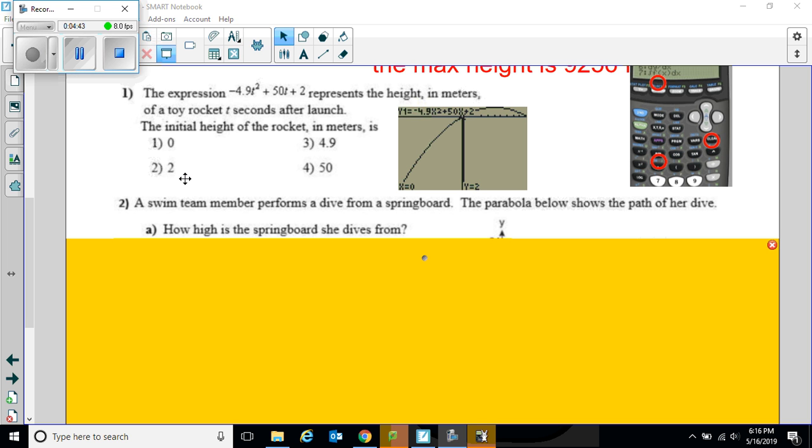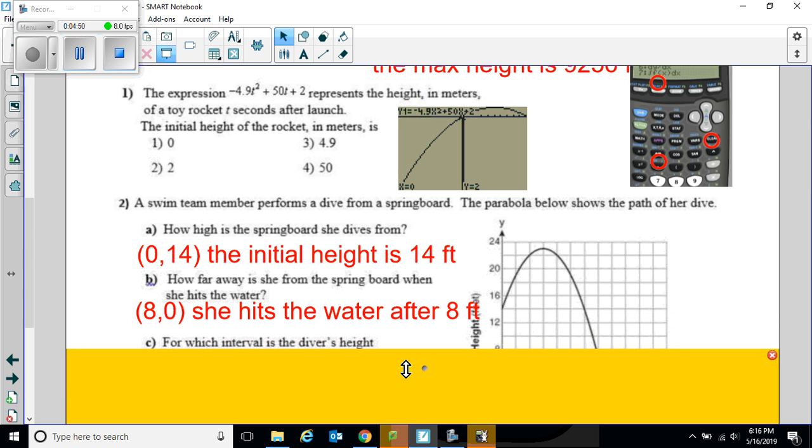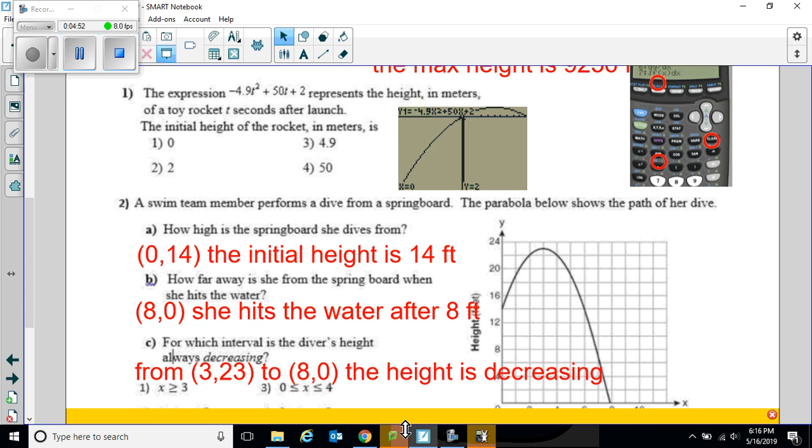Okay, class, welcome back. So how high is the springboard that they're diving from? Well, if we take a look at our graph here, we can see that everything starts right here. That's 12, that's 16, so 14, the initial height is 14 feet.